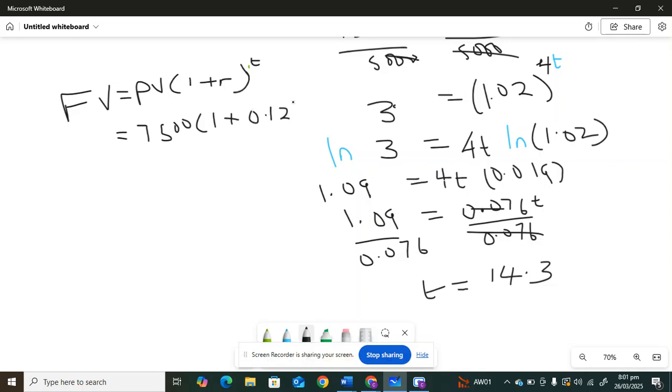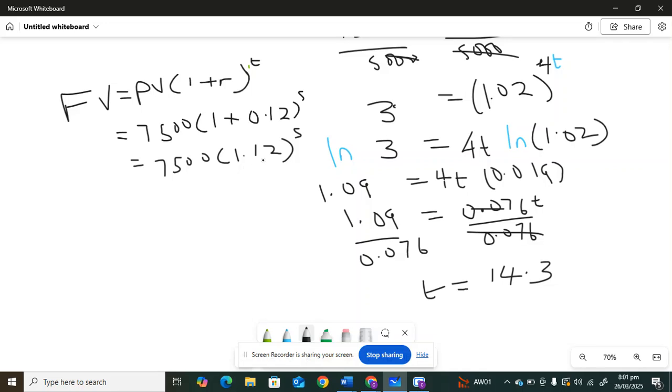The time 5 years. You have 7,500 times (1 plus 0.12), 1.12 to the power 5.